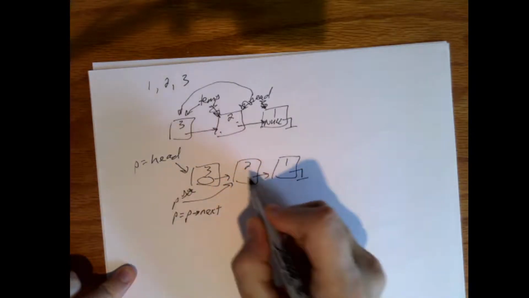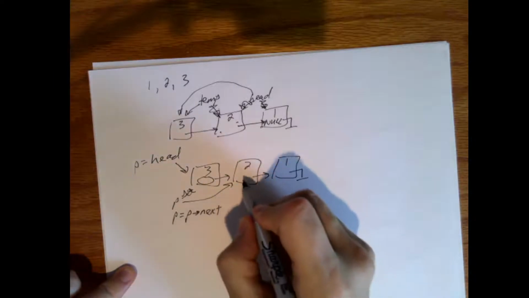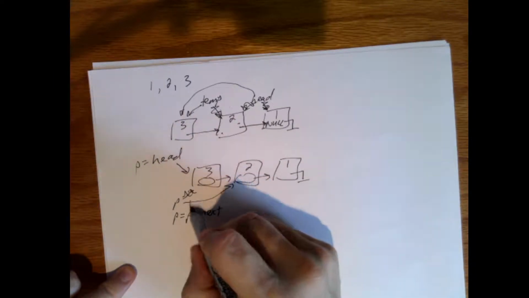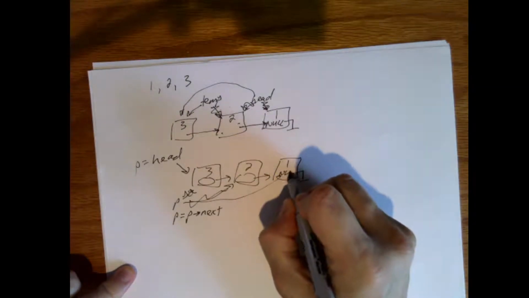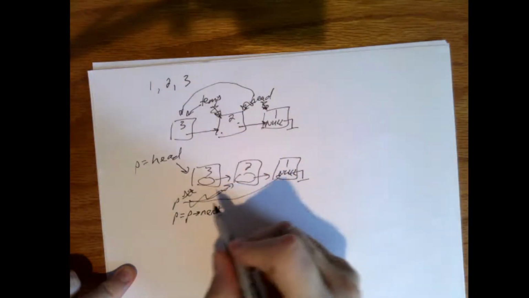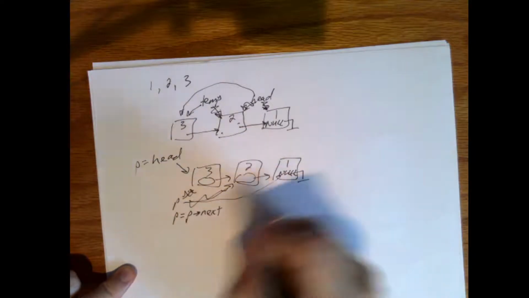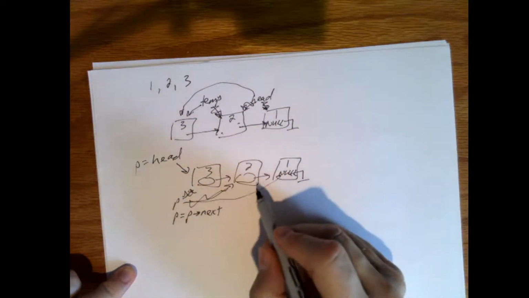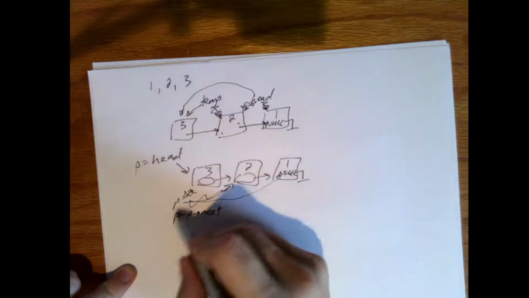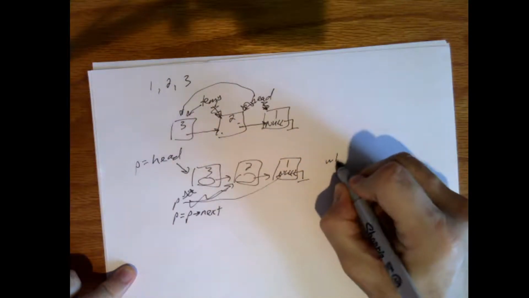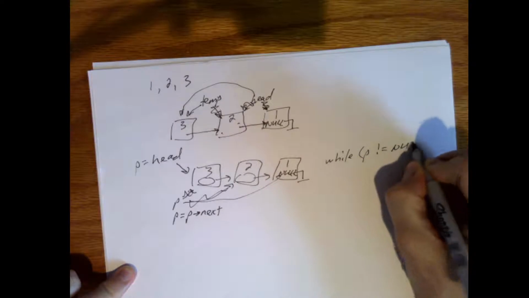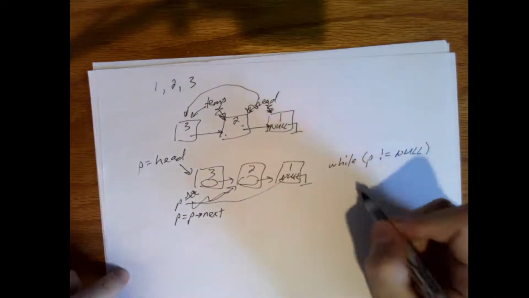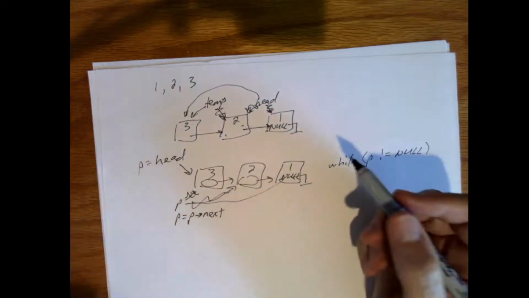So now it points to here. I print 2. Then P next takes this address here, assigns it to P, goes to here. Remember here we actually stored null. So after we print 1, we say P is equal to P next, which is null. So then the while loop says while P not equal to null, keep running. Well, now it is equal to null, so we stop.